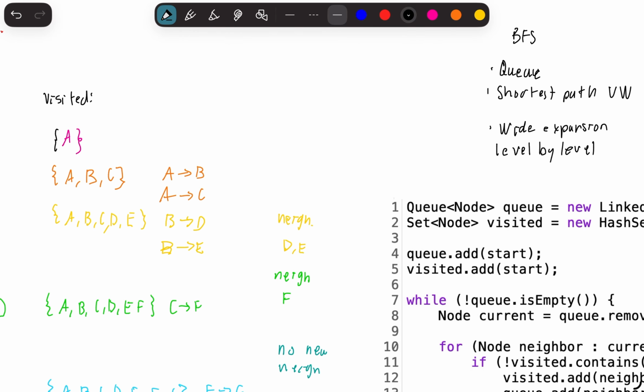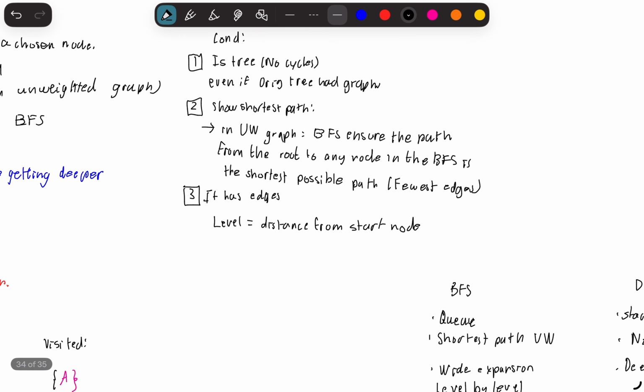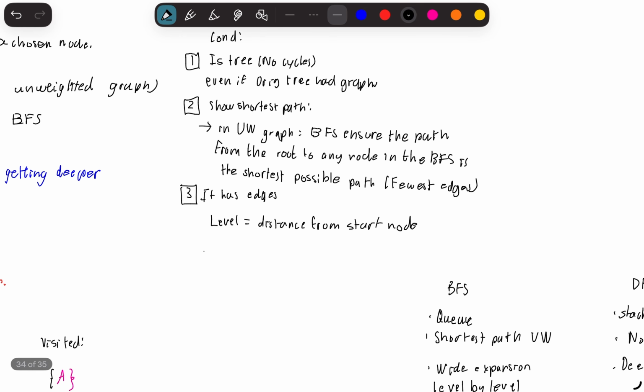What we see is that BFS doesn't follow a branch fully. Sorry, it does not use recursion naturally. No natural recursion, and it requires a queue.